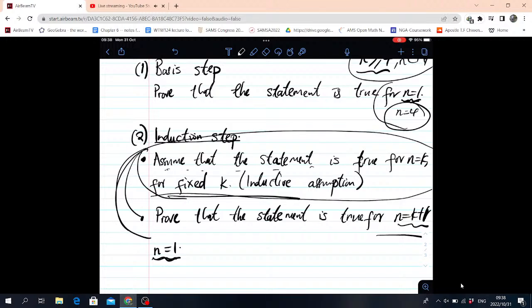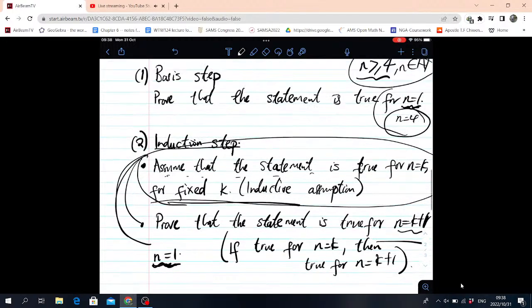This assumption is just saying, maybe let me write the inductive step in a different way. If true for n is equal to k, then true for n is equal to k plus 1. That's what the statement is really saying, right? If it's true for n is equal to k, it's true for n is equal to k plus 1.